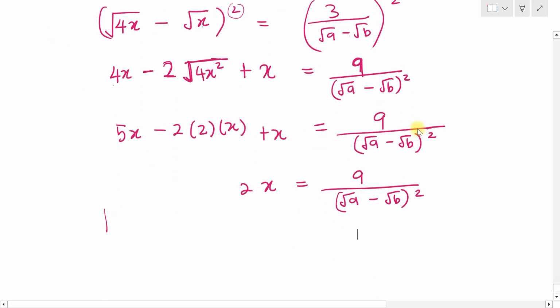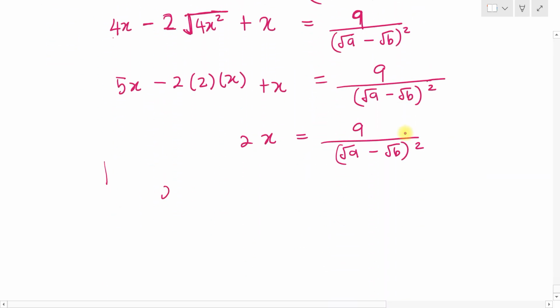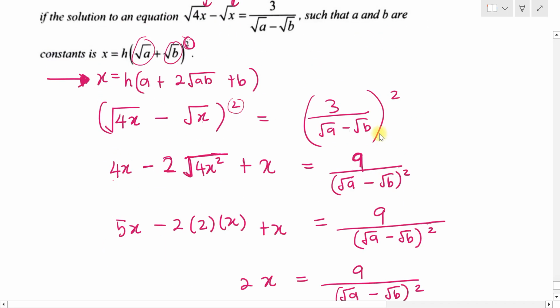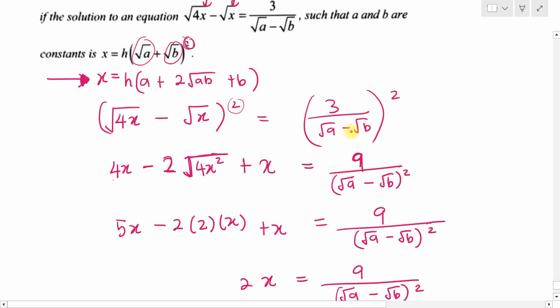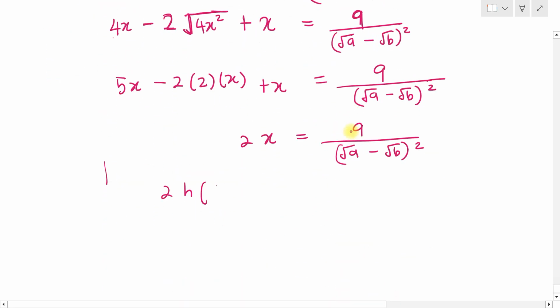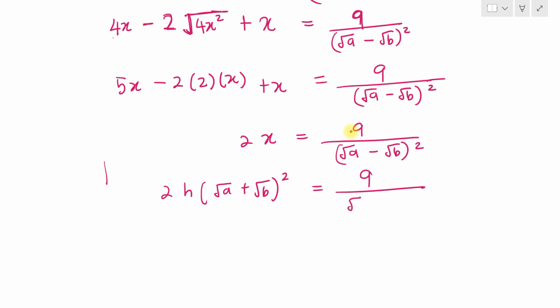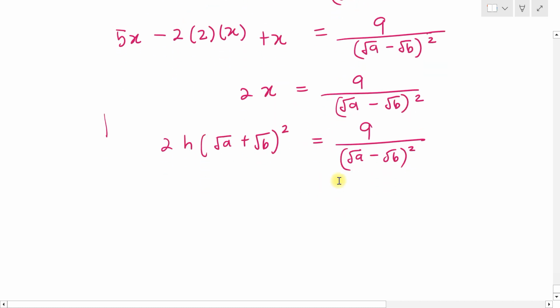Okay. So now 2x. x means what? 2h, square root a plus square root b and then squared. Right? Okay. We do one shot the expansion.